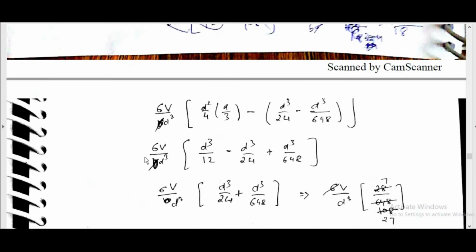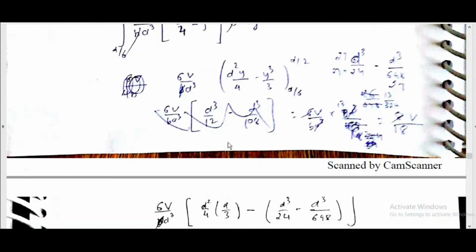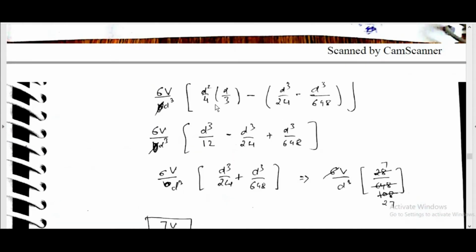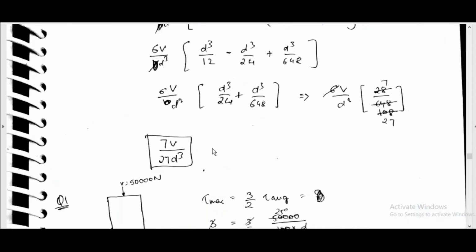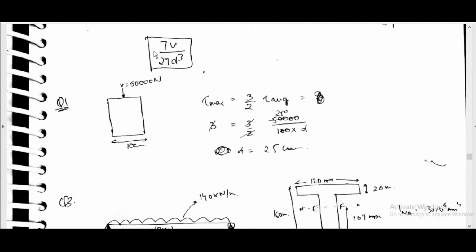With the variation, we write 6V by b d cube into (d square by 4 minus y square) into b dy. Finally, substituting those terms, we will get 7 by 27 V after solving. That is 7V by 27.